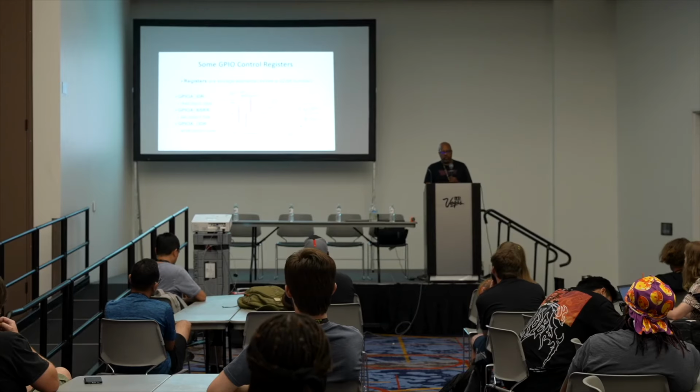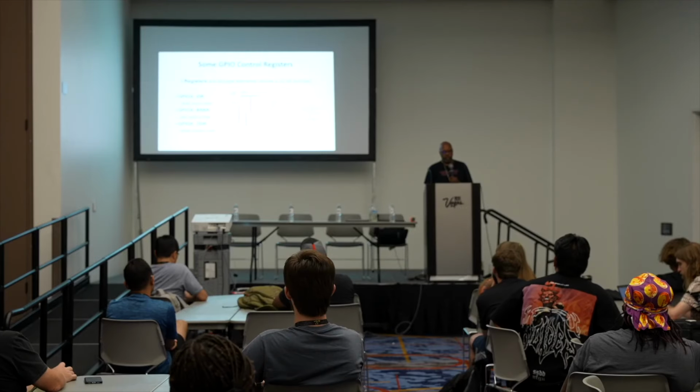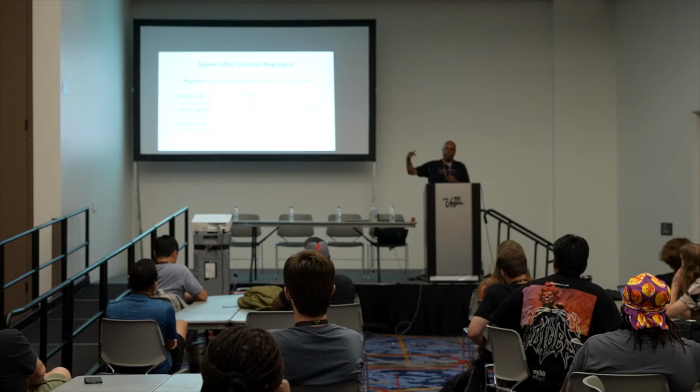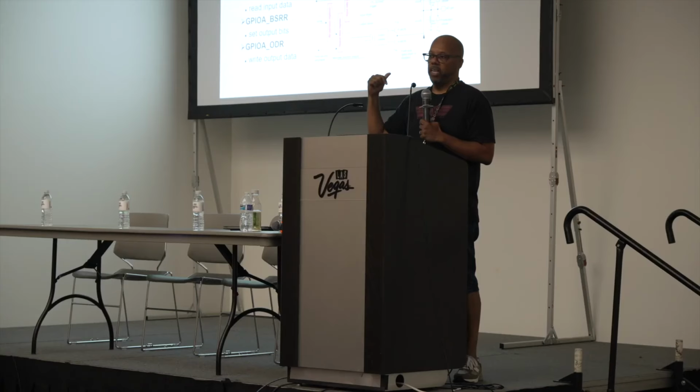The only thing I want to highlight here is that they show some of these registers. I highlighted them in red, and they name them in the data sheet. I'm talking about GPIO port A. There are many ports on these things. GPIOA IDR, GPIOA BSRR, and GPIOA ODR. IDR is the input data register. If some other device is driving a 1 onto that pin and you want to read what it's driving, you read the appropriate bit of the IDR register.